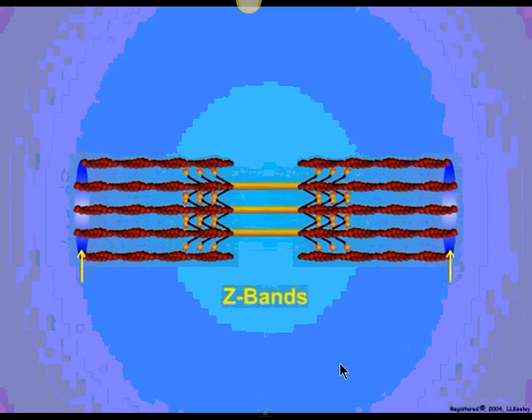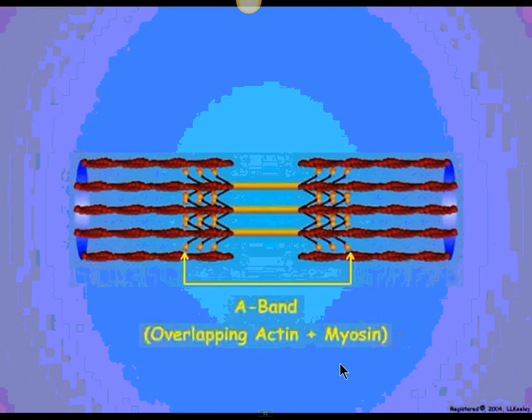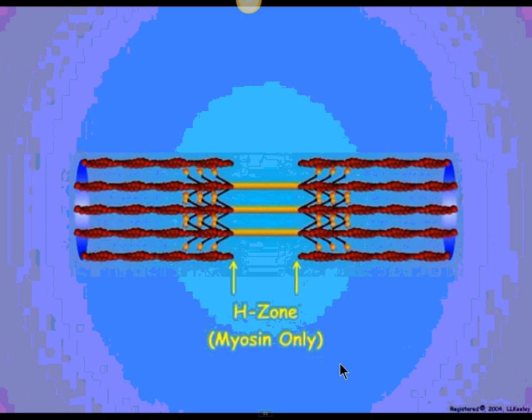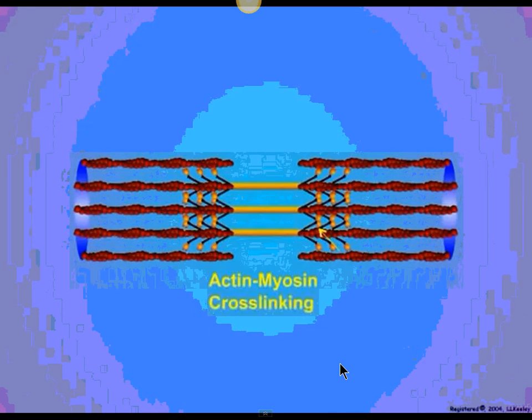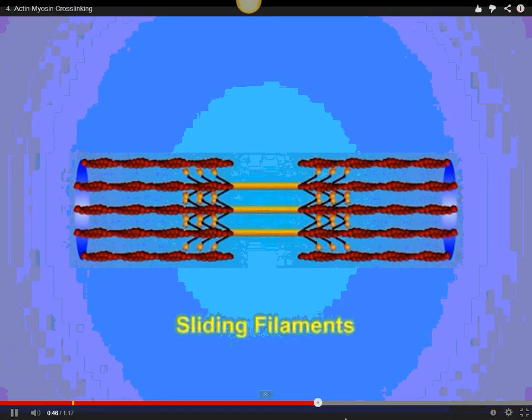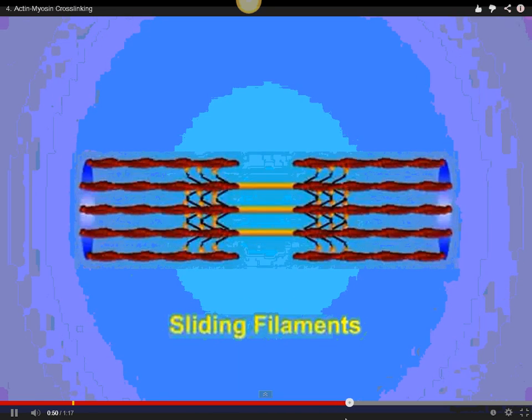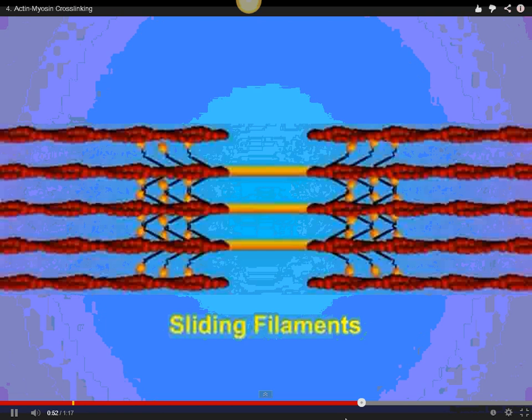Note the relationship of actin and myosin molecules relative to the banding pattern that we have discussed. Myosin filaments consist of cross-links that bind to specific receptor sites on the actin. The cross-links pull the actin along the myosin. Can you see how they're being pulled towards each other?